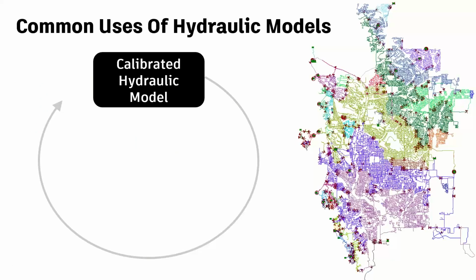Now, some may wonder, why do we need hydraulic models? Water distribution is very physical. You go out, you operate valves, you operate hydrants, you turn pumps on and off, you're controlling tanks. What is the use case for a hydraulic model? More specifically, a calibrated hydraulic model. How can I get value out of that?